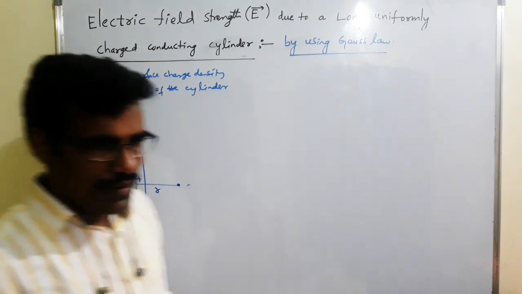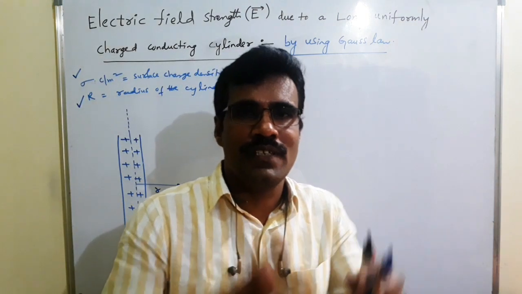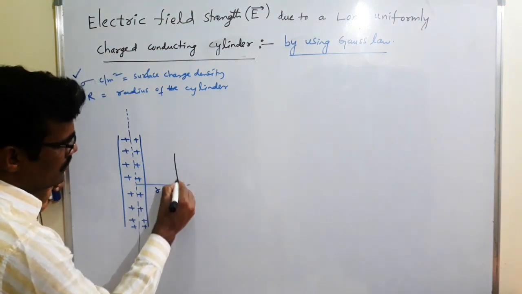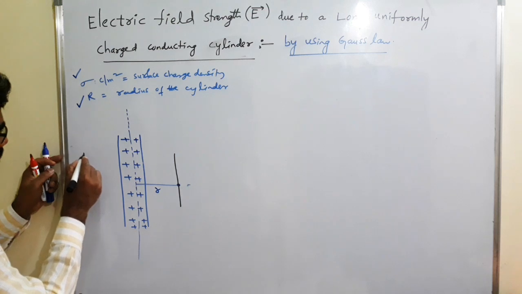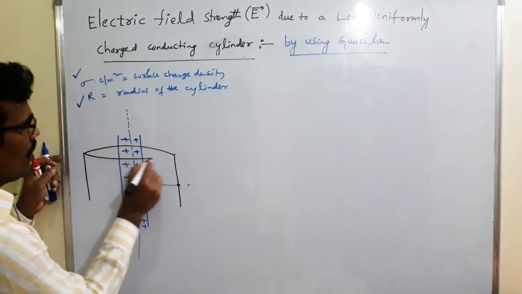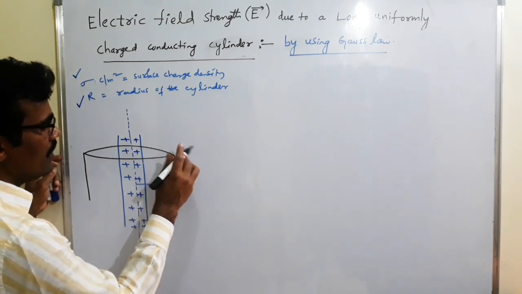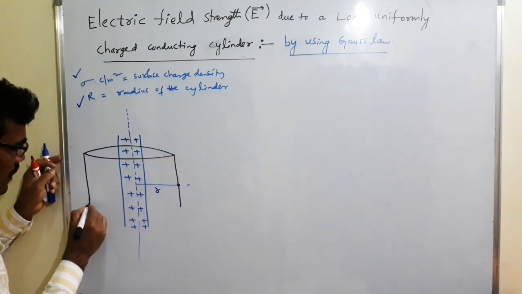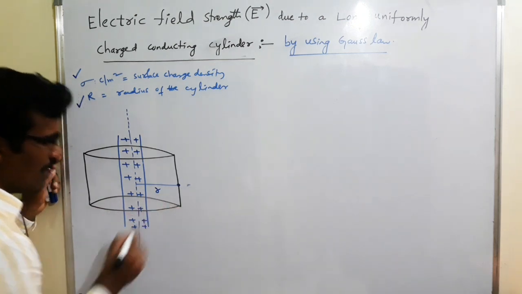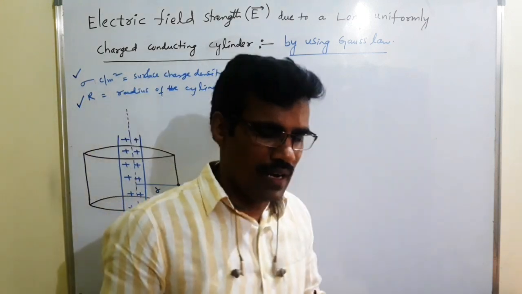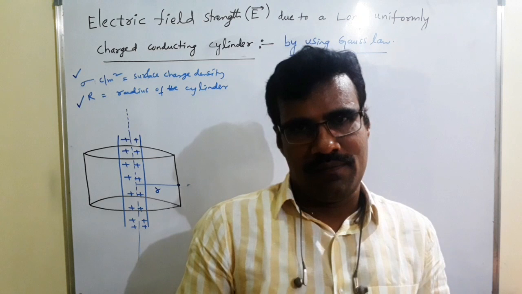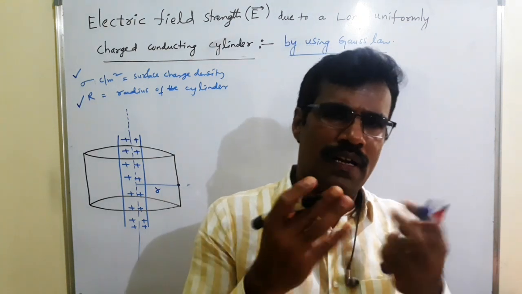First draw the Gaussian surface around it. Gaussian cylinder. Students, we know the Gaussian cylinder. On the Gaussian cylinder, at all points, the intensity of electric field in magnitude is the same, and E bar and ds bar are parallel or perpendicular. If it is parallel, no problem. Perpendicular, no problem.